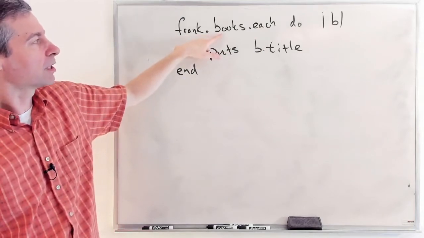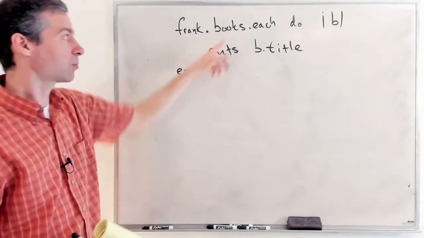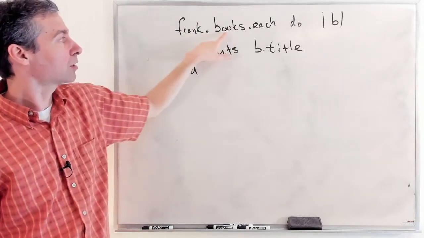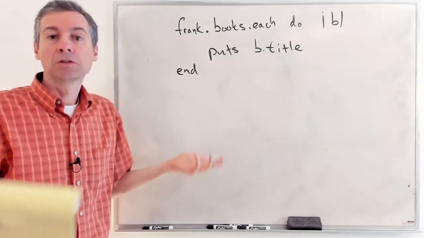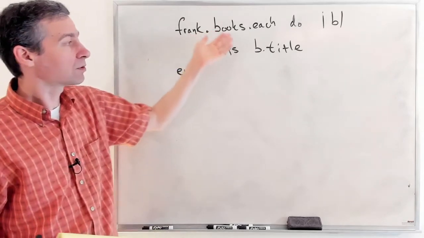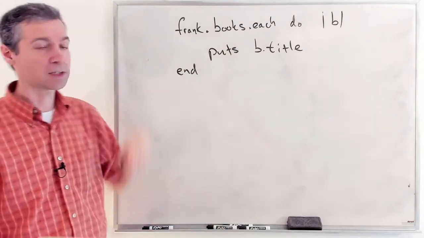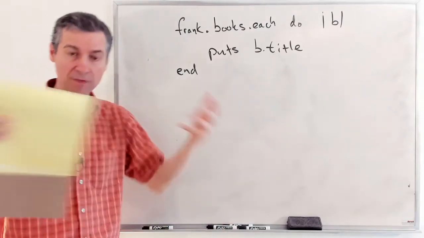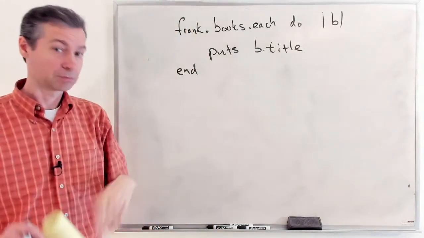Now, I know there's a relationship over to the books, and we've somehow got this relationship set up so that this whole frank.books is going to do a select star from authors and books such that the author ID is equal to Frank's ID, and let's get back those books, and we'll have a relation of them, and then we can go through them.